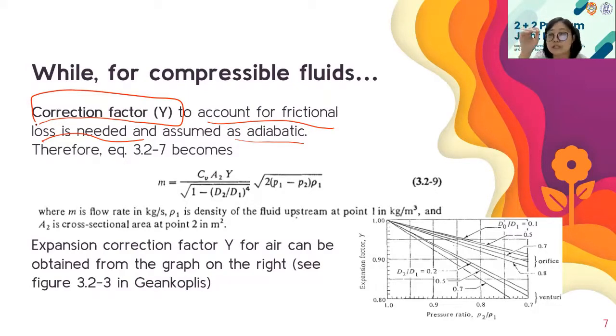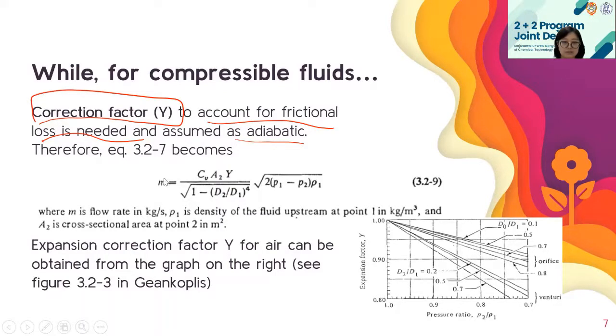So for liquid we usually use velocity, but for gas, velocity is very much affected by pressure. What is not affected by pressure is the mass flux or mass. Therefore, we do not use velocity anymore because velocity will be significantly affected by the pressure. Instead, we use mass here.